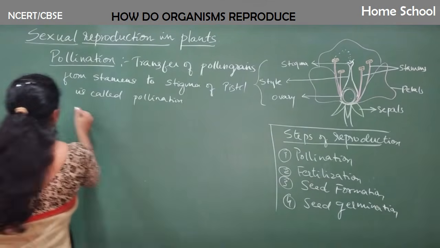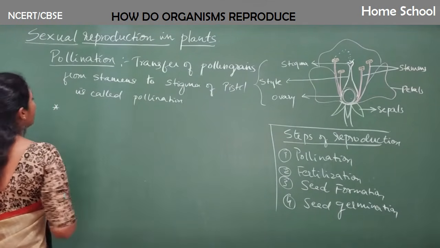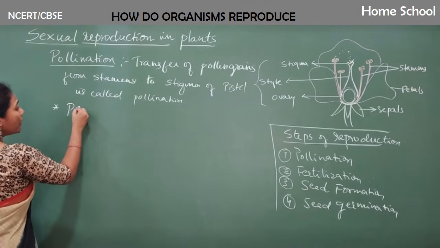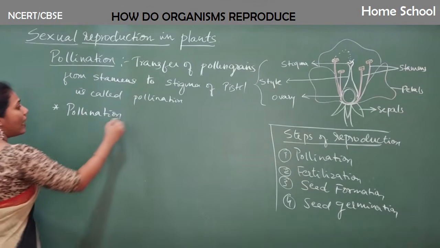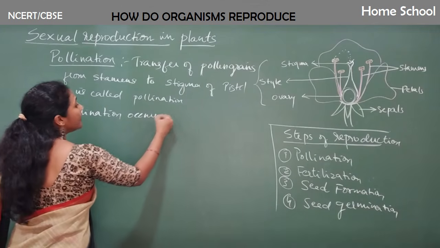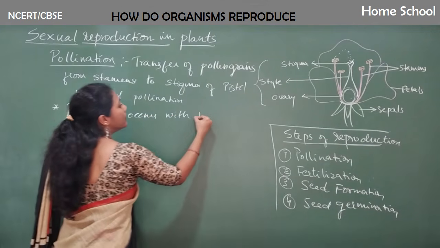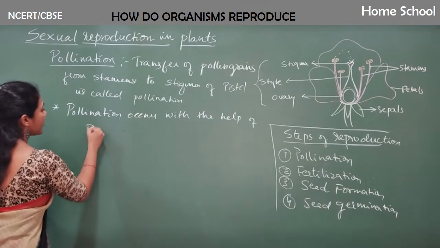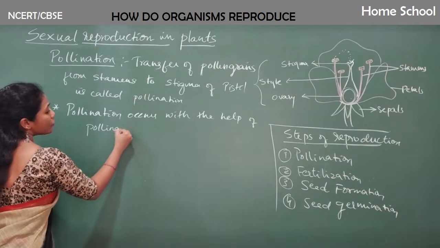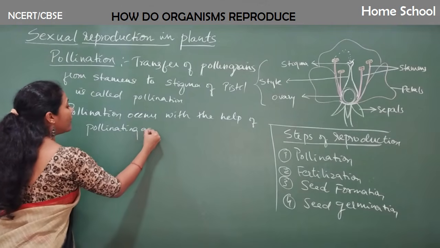Okay. Say another point you can write under pollination is: pollination occurs with the help of pollinating agents. So what are the pollinating agents here?